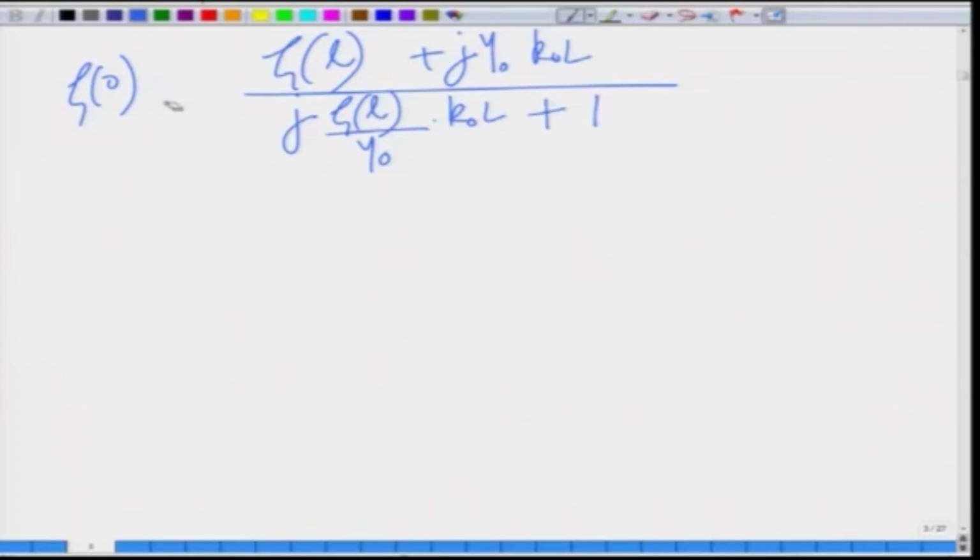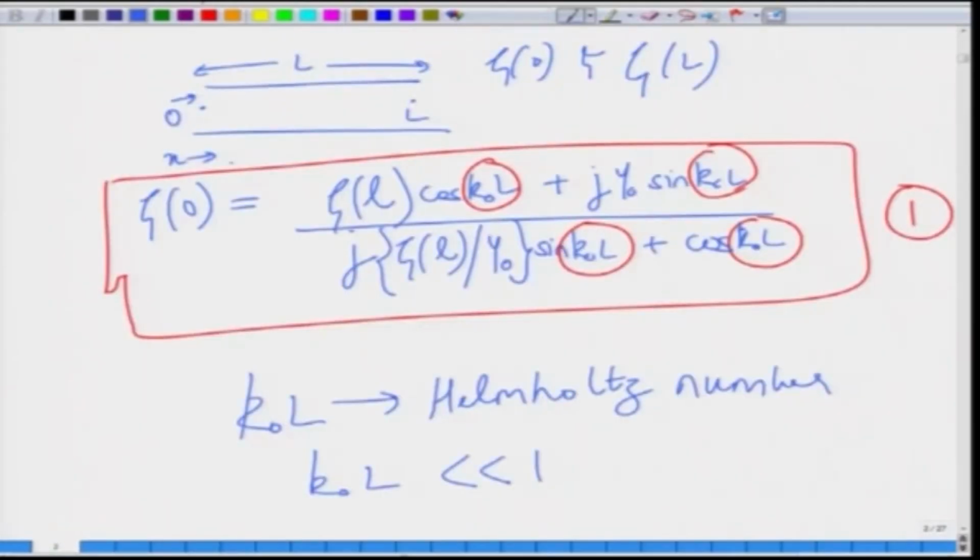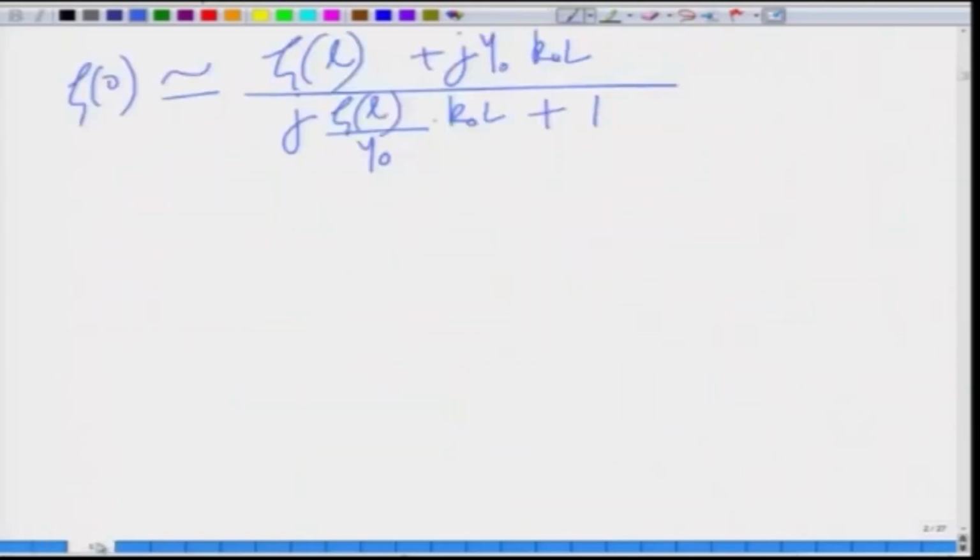So, this is only an approximate relation when you have a very low frequency approximation. We saw that the impedances at x equal to 0 and x equal to L are related by the following expression.